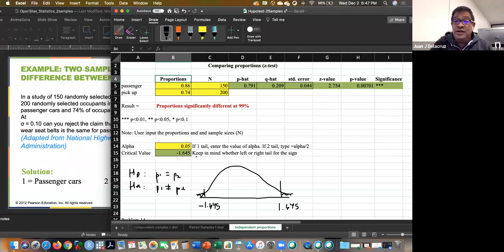We have to include only 5% in each tail because it's a two-tailed test. So my C score is 2.73. Very likely it's going to be somewhere in here, 2.734.